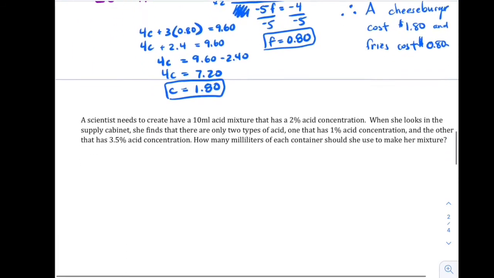Now we have one last type of word problem that I want to introduce. This is the first time we're going to see ones like this, but something that we can handle, so I'll do my best to break this one down. This one says a scientist needs to create, or have, a 10 milliliter acid mixture that has 2% acid concentration.